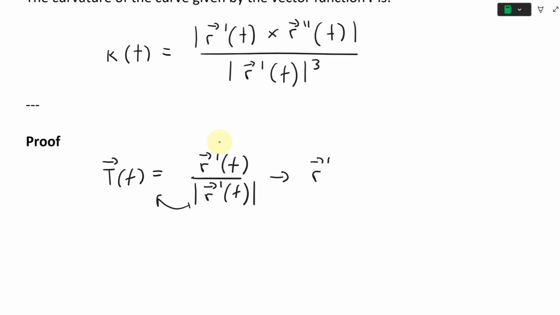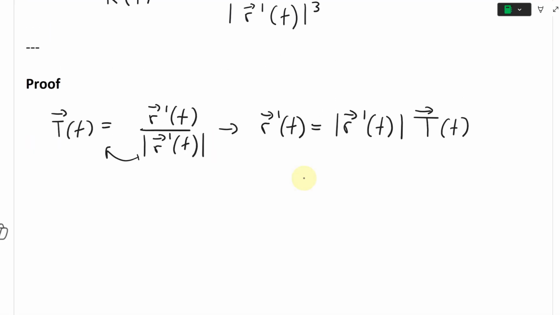So the vector function derivative r prime of t equals the length of that derivative multiplied by the unit tangent vector T of t. And again, recall this length just equals the derivative of the arc length, ds over dt.